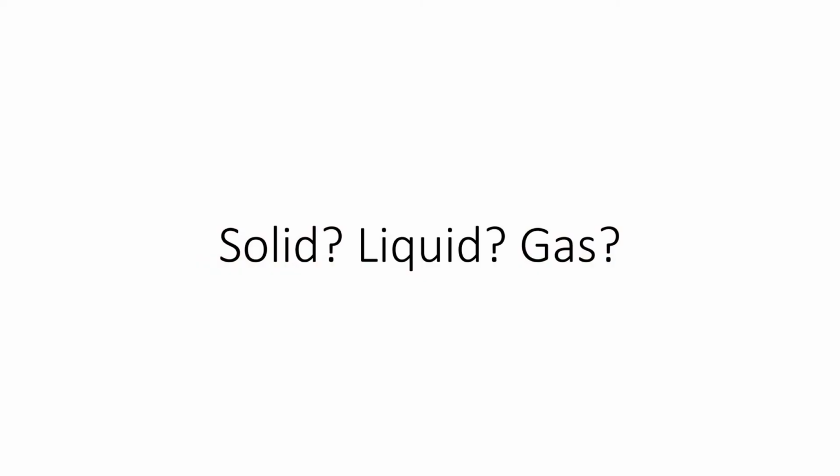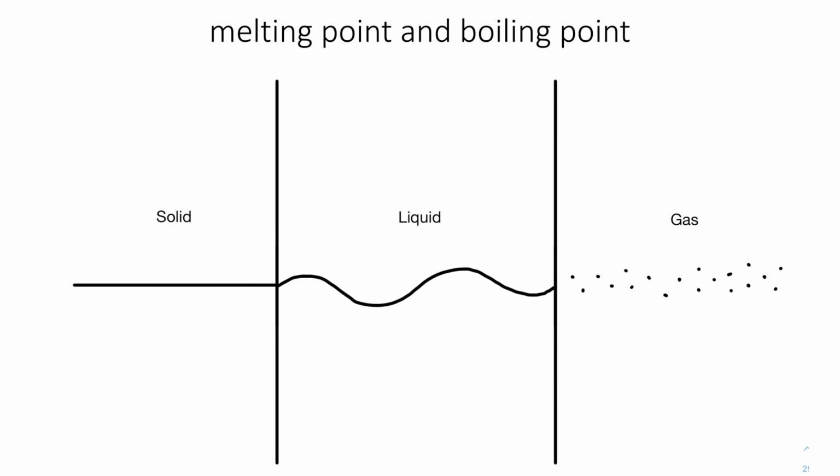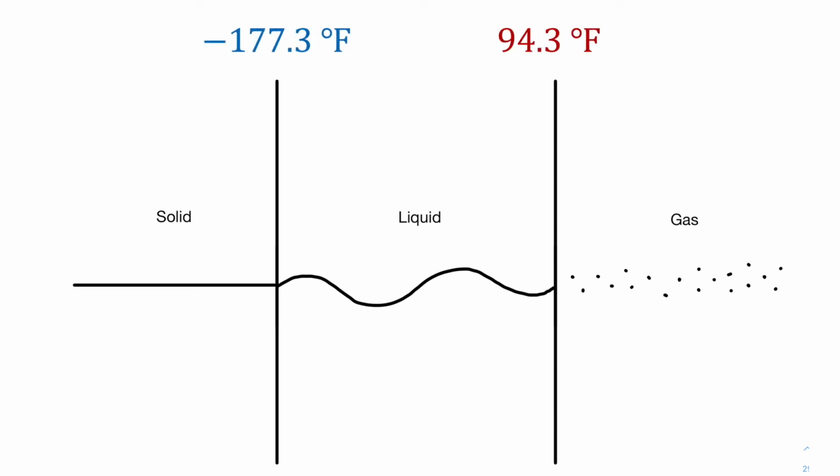One physical property has to do with the phase of a molecule. Is it a solid, a liquid, or a gas? Among other things, that has to do with the temperature of the molecule. Let's think about how the molecule looks at different temperatures at sea level. Diethyl ether would turn into a solid if you cool it below negative 177.3 degrees Fahrenheit at sea level.